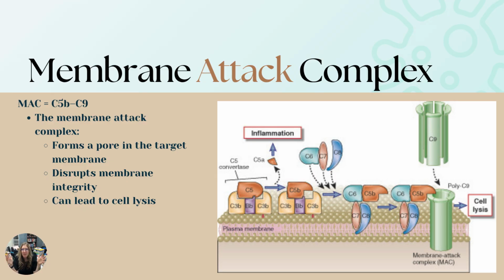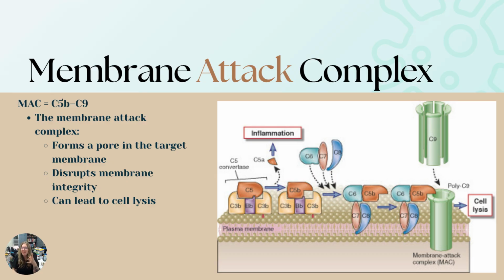So eventually the complement activation reaches that terminal pathway that forms the membrane attack complex, or the MAC. The MAC consists of C5b through C9. These components then assemble in the target membrane and create a pore.